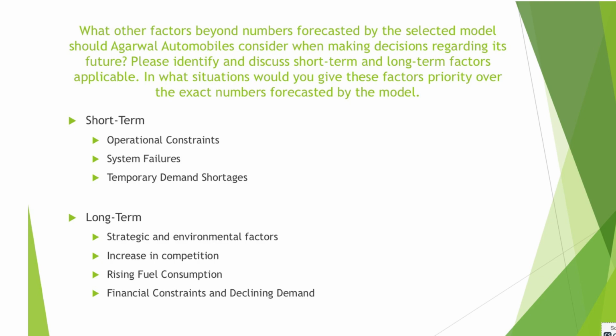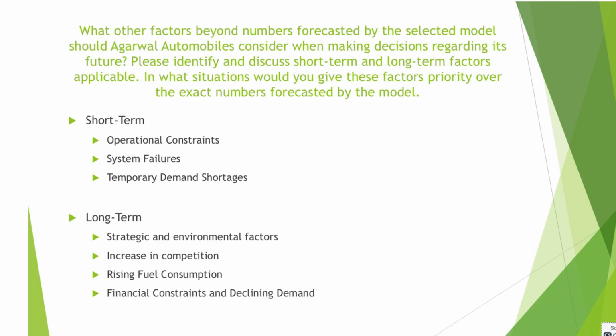While qualitative forecasting provides a critical foundation for decision-making, Agarwal Automobiles must consider a range of long and short-term numerical predictions. Short-term would be operational constraints playing a significant role in shaping the inventory decisions. Having to place orders at fixed quantities of 12,000 liters and one-day lead time restricts the flexibility of ordering policies.